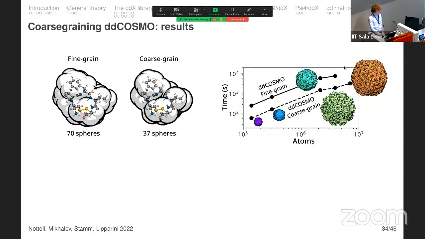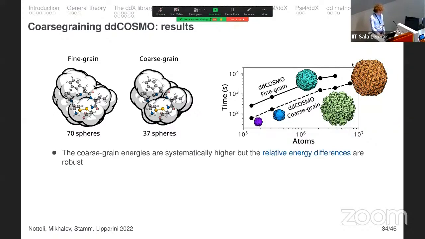For the biggest one, we couldn't even finish the fine-grained calculation because it was asking for too much memory. We also investigated the energies, and found that the coarse-grained energies are systematically higher, but the relative energy differences, which are what we care about in the end, are quite robust with respect to this coarse graining.